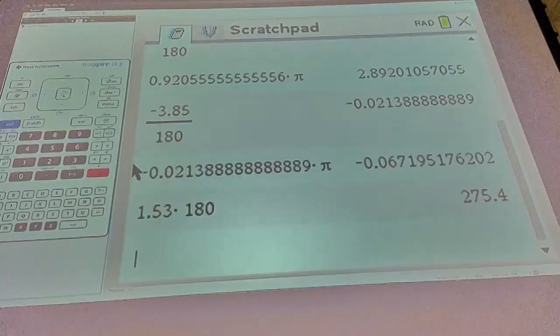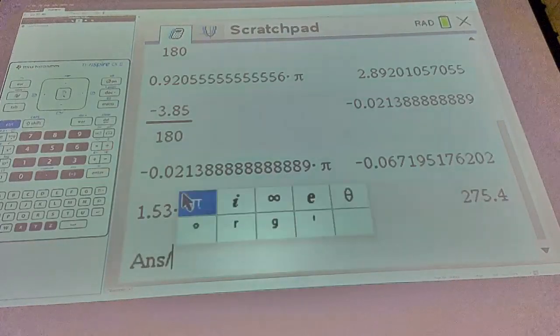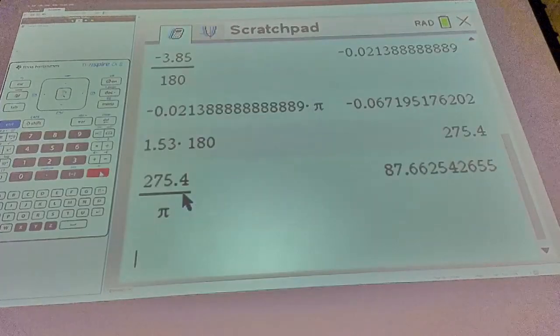I mean, 275 over pi degrees, if you keep it in terms of pi. Otherwise, just divide by pi. Should be 87.7 degrees.